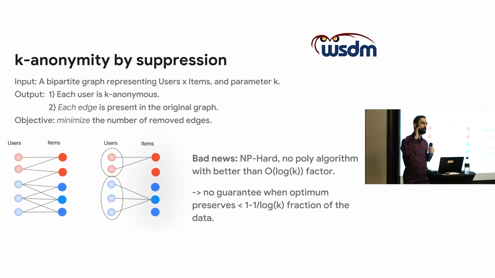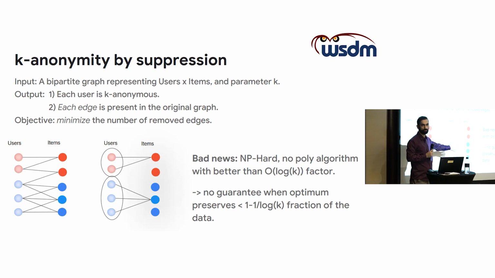There is some log k approximation algorithm for this in theory, but this is a minimization problem. It means that if the output is not going to keep a 1 minus 1 over log k fraction of the edges, right? So if the output is only changing a 1 over k fraction of these edges, you have something meaningful in theory.